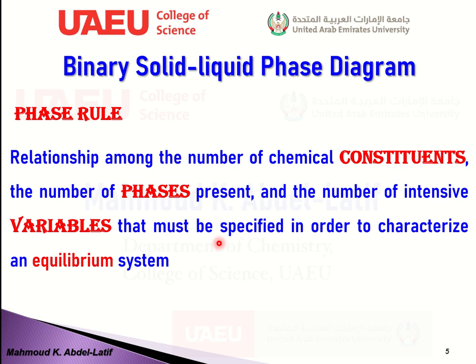So you have an equilibrium system, and you need to describe it. You can describe this system by using the phase rule, which is a relationship between the number of components, C, and the number of phases, P, and intensive variables, temperature and pressure. So we will replace pressure and temperature by 2.